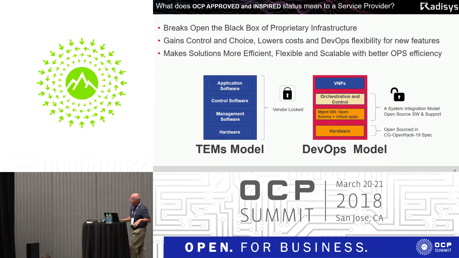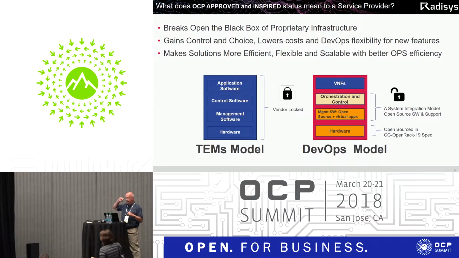We've all been talking about this, and it's been very clear as far as the benefits of an open model. What we're talking about here is within OCP, there is, of course, the Open Rack requirements, the standards that we've all been looking at.